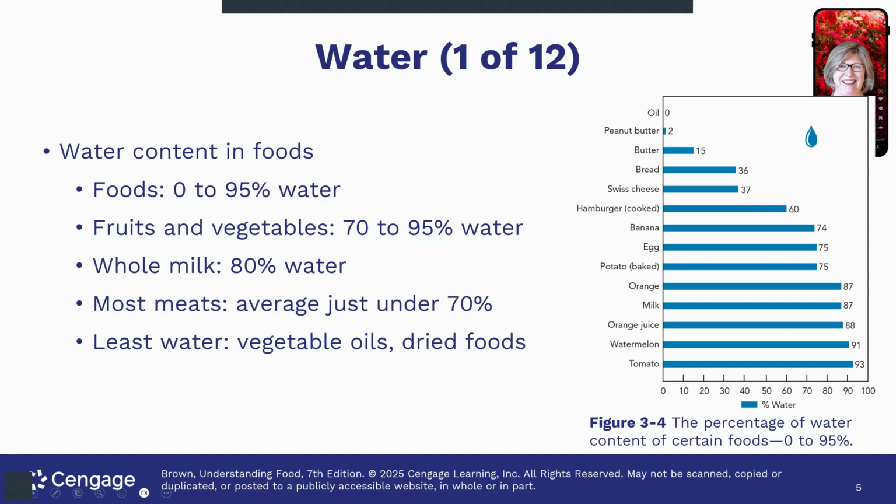Whole milk is 80% water, and you have to account for the fat and the milk solids that are in there. You notice on the chart it says 87%, but we also have to think about skim milk and low fat milk. Most of your meats will average just under 70% water. The least amount of water will be found, as I mentioned, in oils, also dried foods.